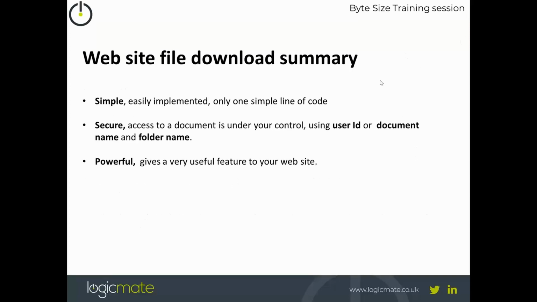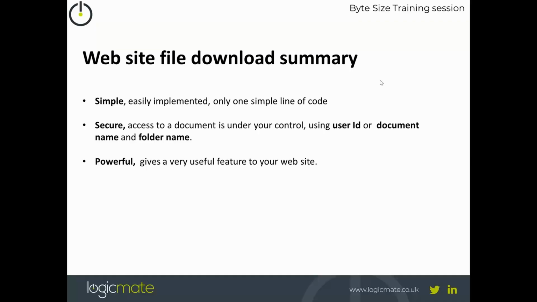In summary, I've shown you how easy it is to implement this very simple function with just one line of code within your application. We give you the security within the exit program where you can manage whether a particular user has access to a particular folder system or a document.